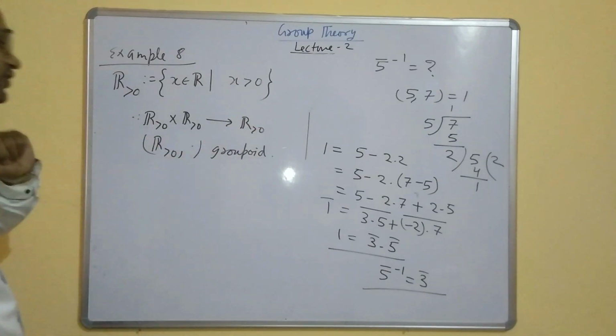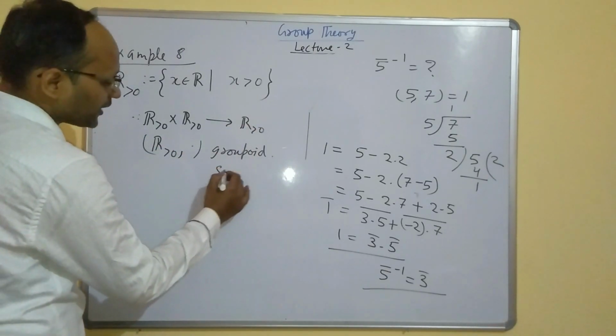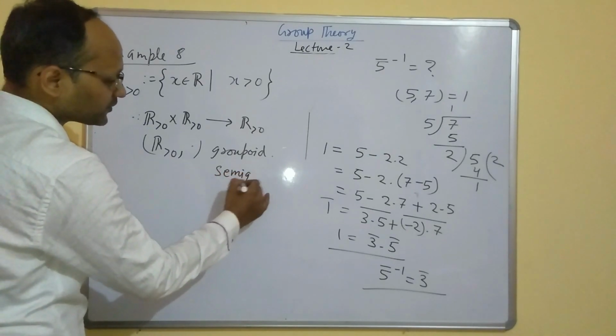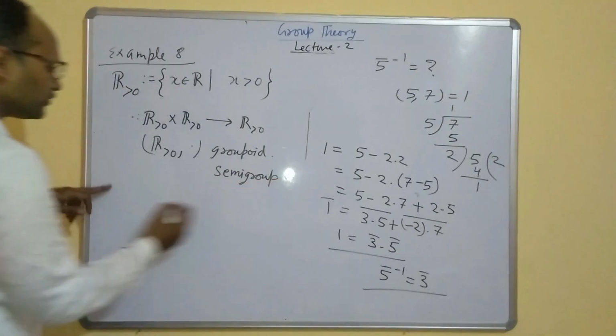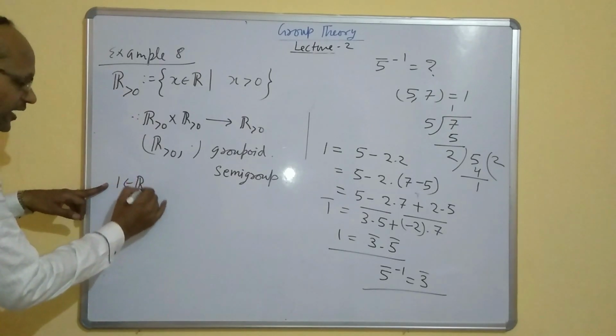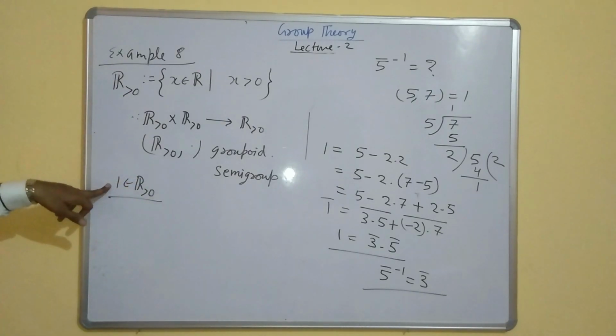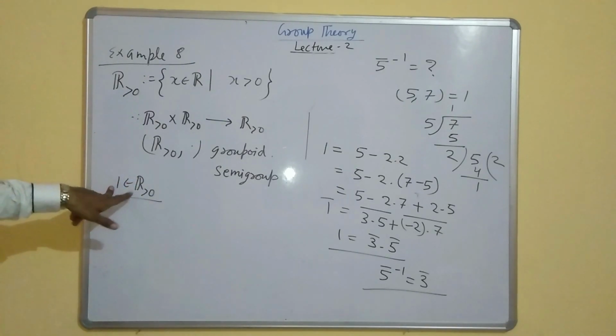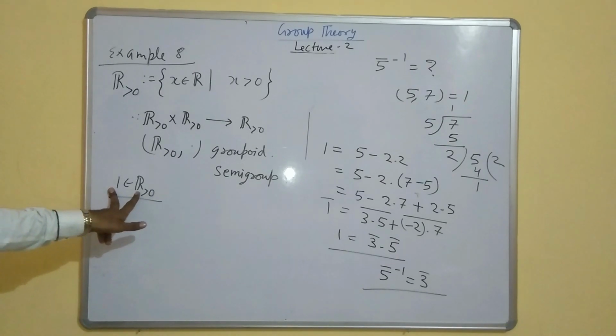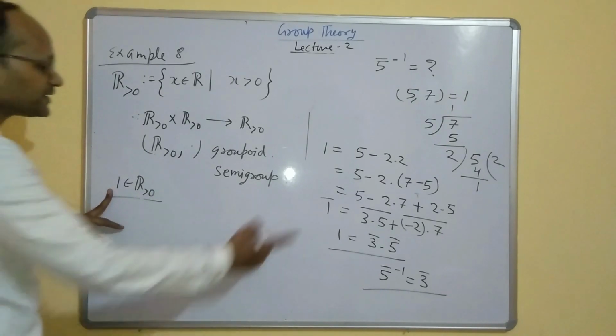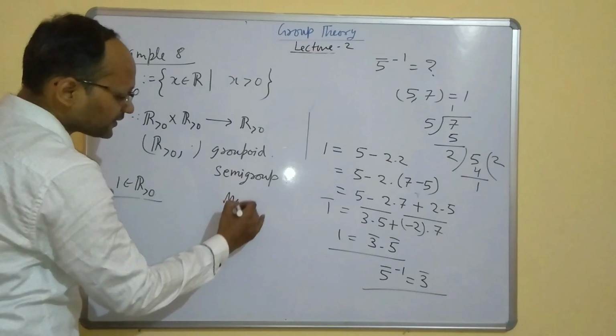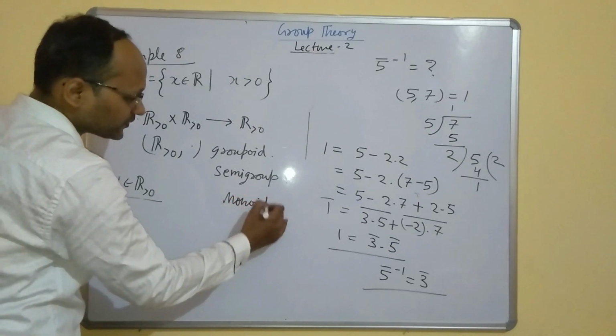But you know that the multiplication of real numbers is always associative, so it is not only a groupoid but also a semigroup. You also know that 1 belongs to R greater than 0, and if you multiply any real number with 1, you will get that real number itself. So this 1 will work as identity, so this set is nothing but a monoid.